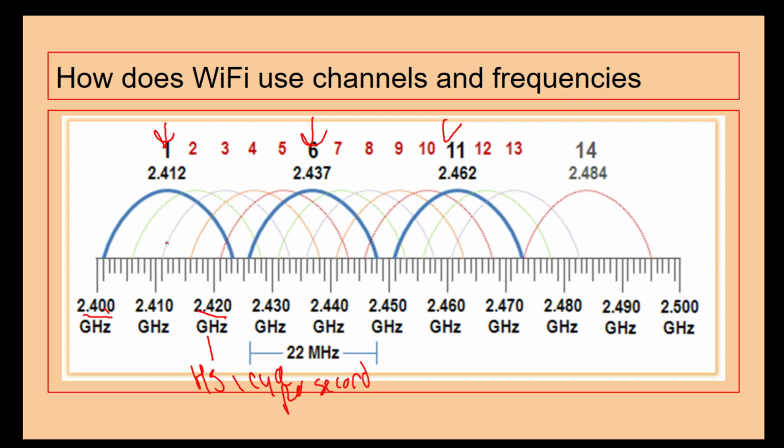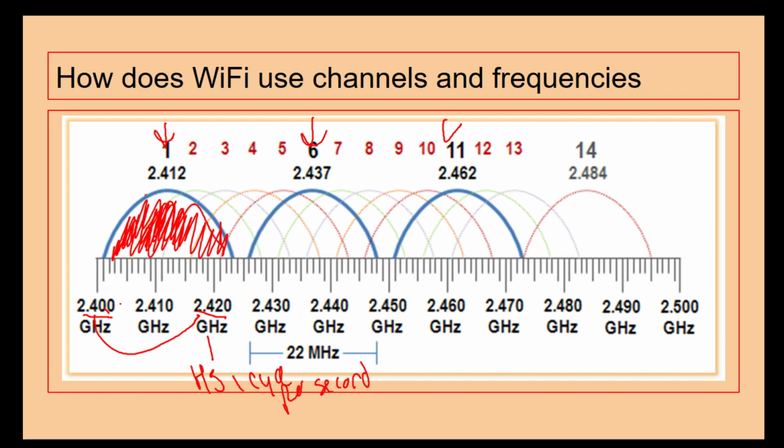If all of the devices are using channel 1, they're all using this frequency area here. If every single student in my school were accessing the wireless network, all using the same channel and the same set of frequencies, 2.4 to 2.42 gigahertz, the network's going to get massive congestion.